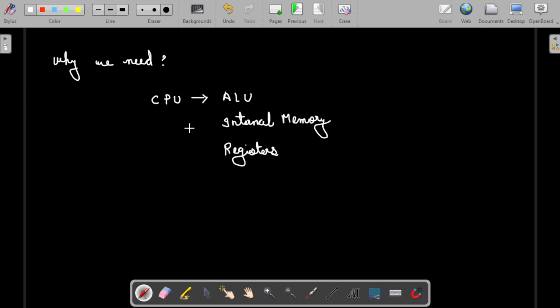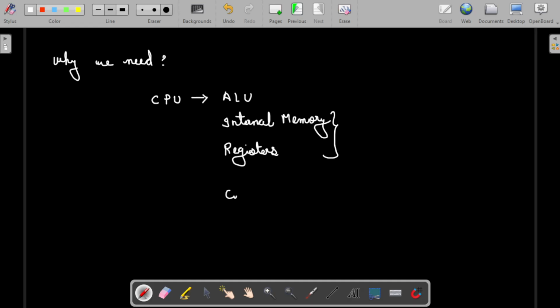The CPU has only these three parts: the ALU, for doing logical and mathematical operations, internal memory, which will have some kind of storage, and registers are also used for that. We can combine these two, because a register is also one kind of memory. So these are the parts that we have.